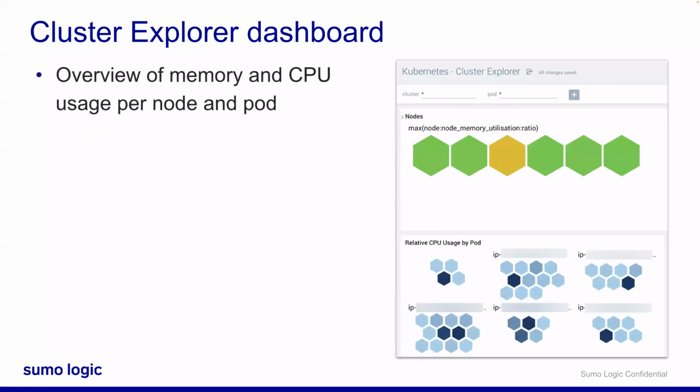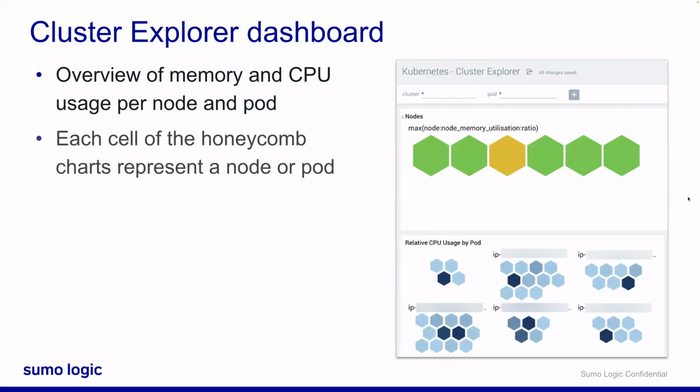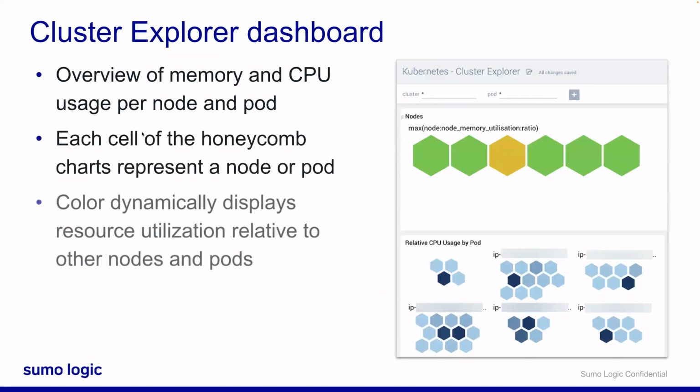With the Cluster Explorer dashboard, what we were seeing here is, as it says, an overview of memory and CPU per node and pod. And so what we're using here are these honeycombs to represent the node or the pod. And then, as it says, color dynamically is going to display information essentially. And we can poke around these as you mouse over them, you're going to get different values.